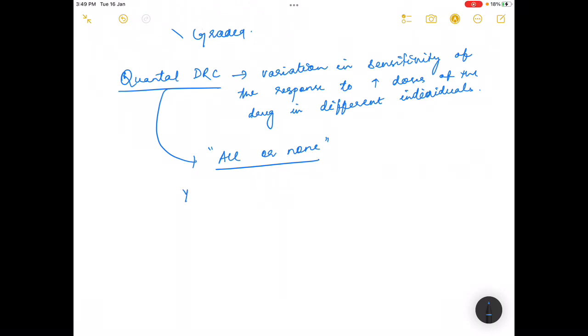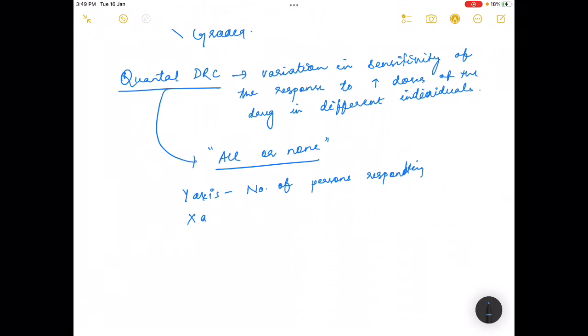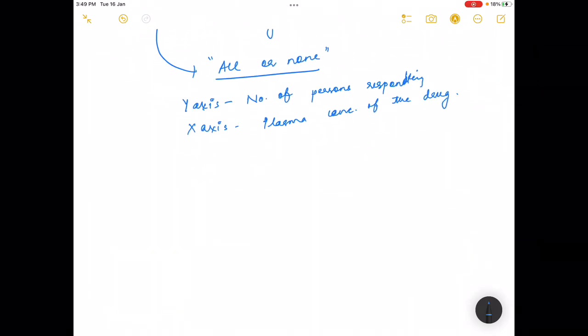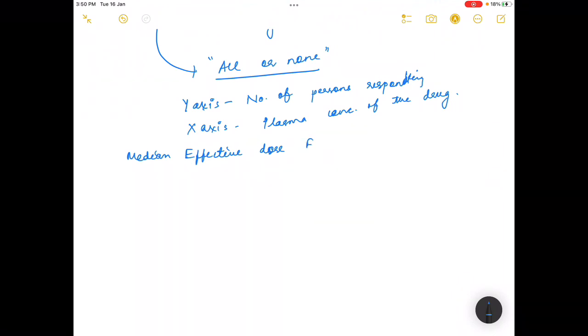So the y-axis shows the number of persons who are responding, and the x-axis shows the plasma concentration of the drug. Okay, so from here we can get the median effective dose, or it is otherwise known as ED50.